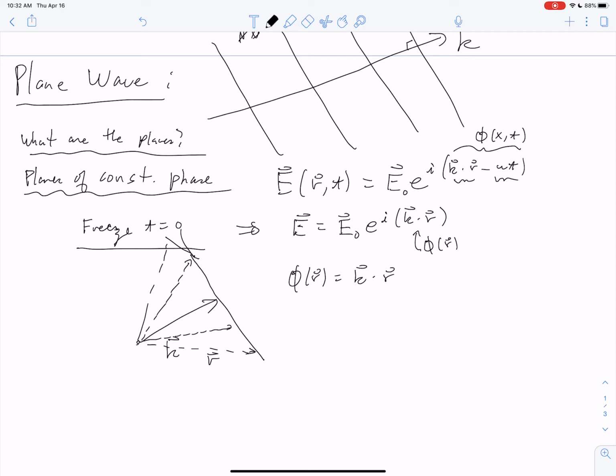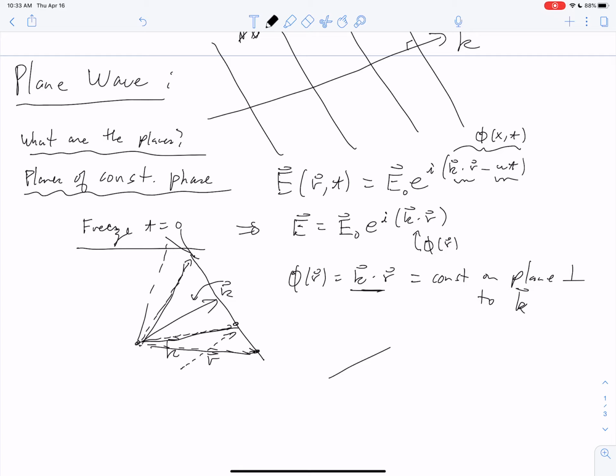If I pick some point as the origin, then at every point on this plane, k dot r is constant. Do the geometry yourself. This is k, and k dot r is going to be this distance for all of these different r's that I pick. So k dot r equals constant on the plane, and that plane is perpendicular to k. If I pick any plane perpendicular to k, then the phase is constant, and that's why we call it a plane wave.